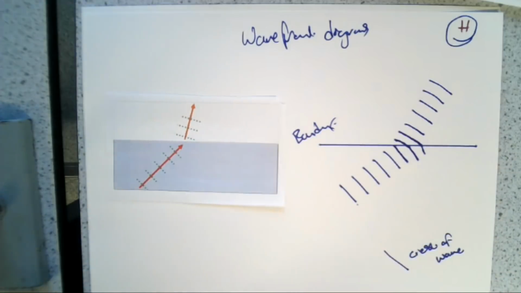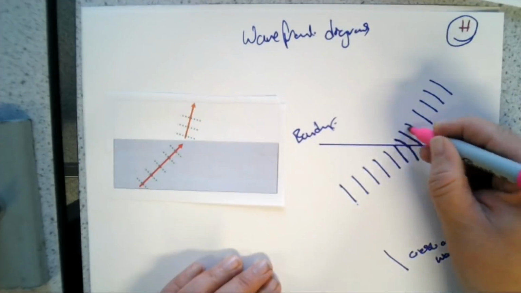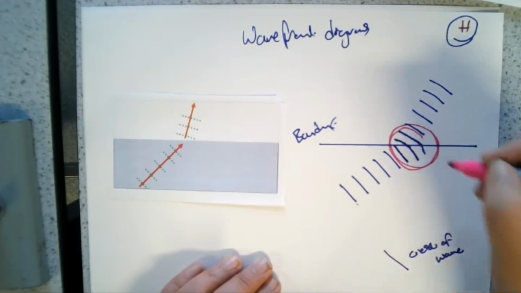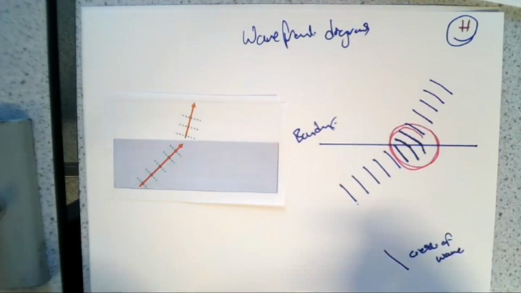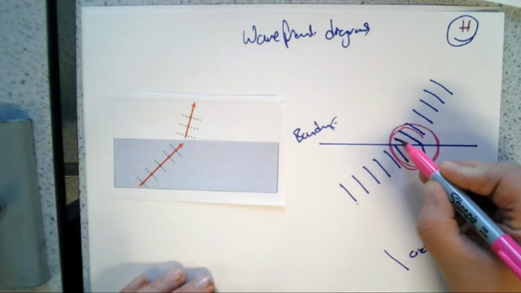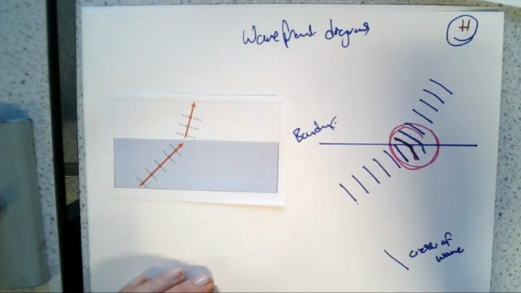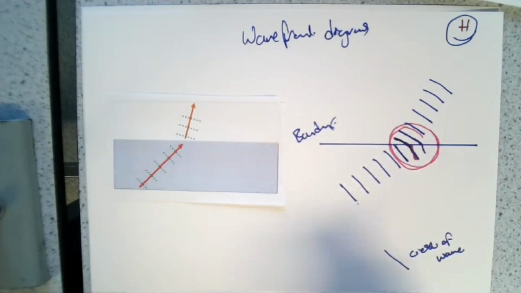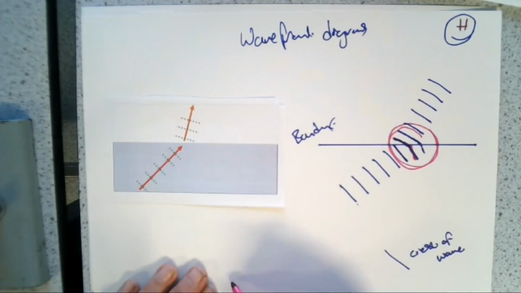And the key thing they're looking for, and there might only be one or two waves here, is around this bit to show that the wave actually bends. So that one is like that and a bit like that. The diagram's not brilliant.